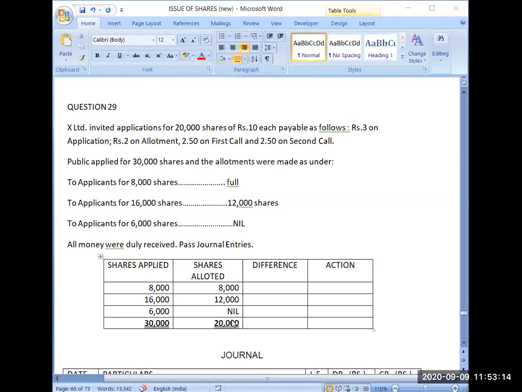All the information has been given by the question. So I have completed these steps. Now I will find out the difference. So there is no difference. Means they have paid me application money and all the application money is utilized on the application itself. You will not be having any excess money. No excess. Yes, please. This first category is clear.